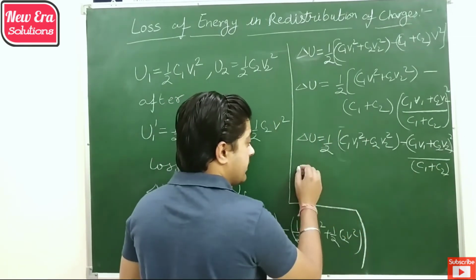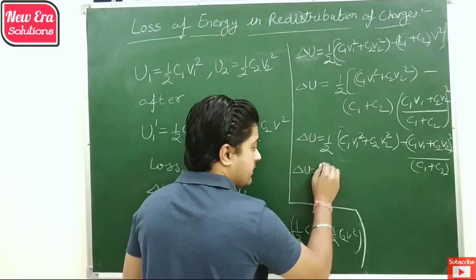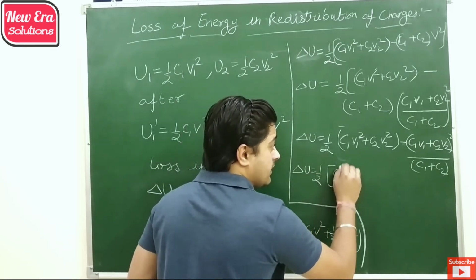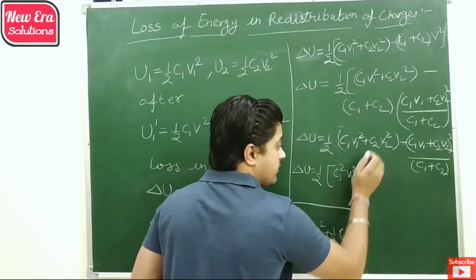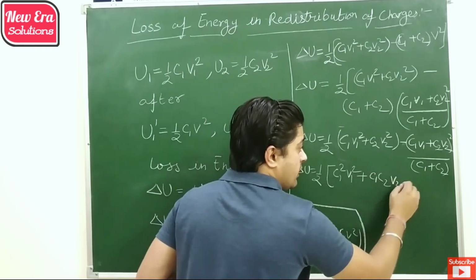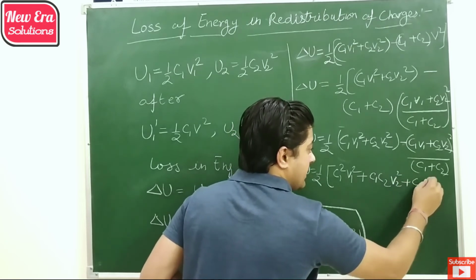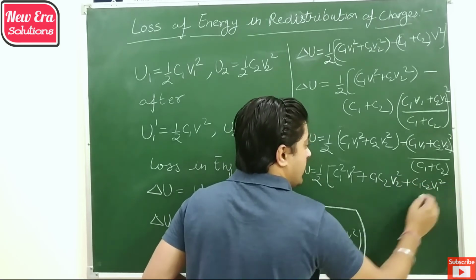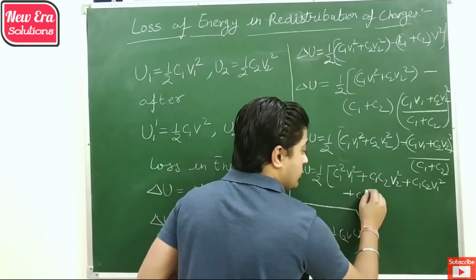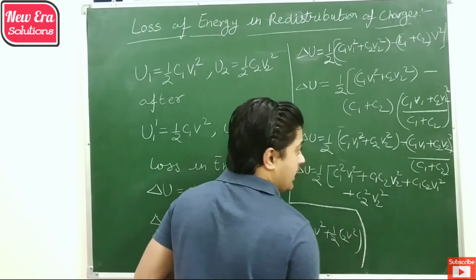By taking the LCM, we obtain the change in energy is half of C1 square V1 square plus C1 C2 V2 square plus C1 C2 V1 square plus C2 square V2 square.